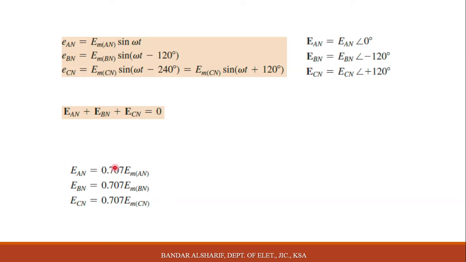It's different than a three-phase system, and what we will talk about. But to remind you, when we talk about single phase, we have peak value and RMS value. The peak value, which is EM for phase AN, if you multiply by 0.707, you will get the RMS value for this phase.